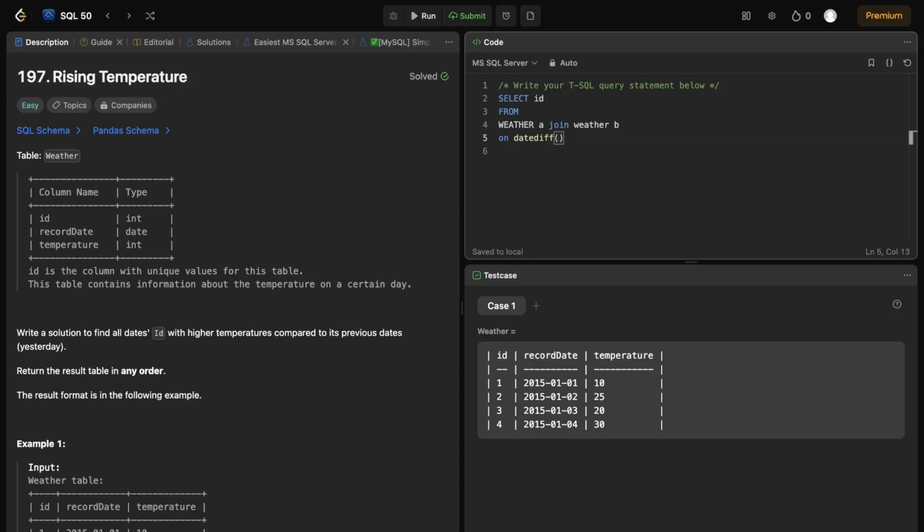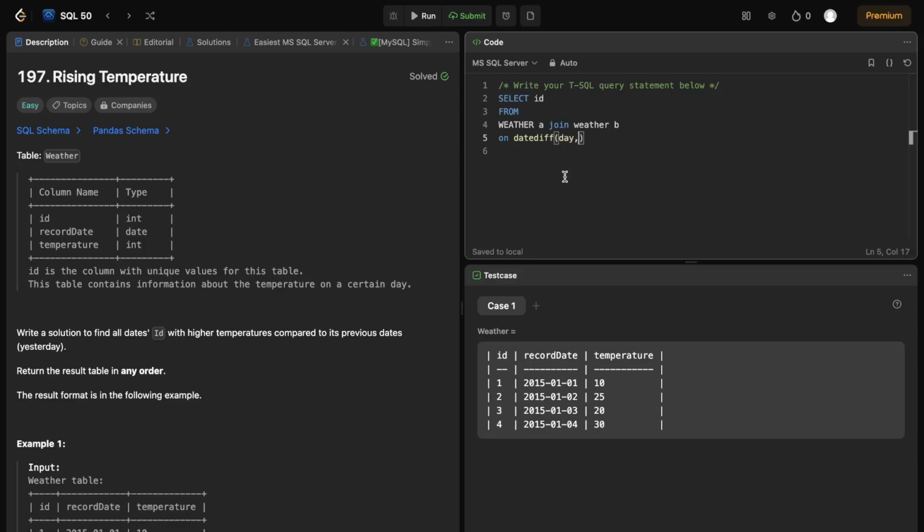What it basically does is tell us the difference between two dates, so we can find how many months are between two dates, how many years, or how many days. First we write the parameter for what unit we want: days, weeks, years.